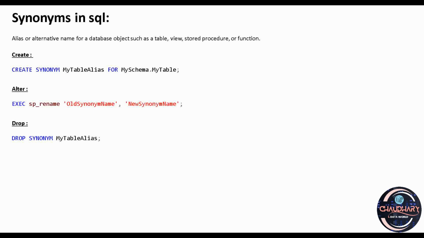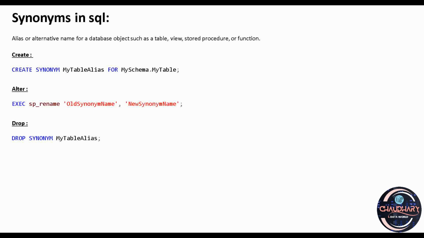You can do that with the option of execute sp_rename. Whatever the old synonym name is, and whatever new synonym name you want, you can put it here, and if you execute this stored procedure, the name will be changed. You don't need to create this stored procedure; it is pre-built into your SQL Server.